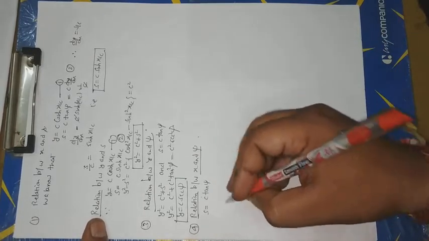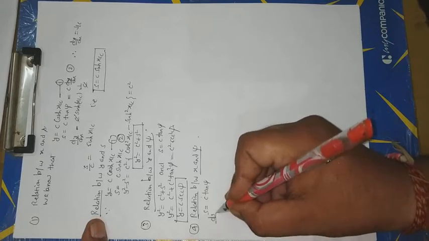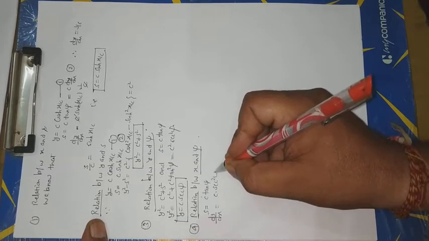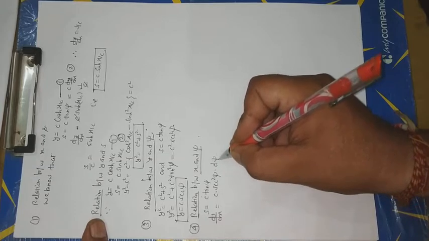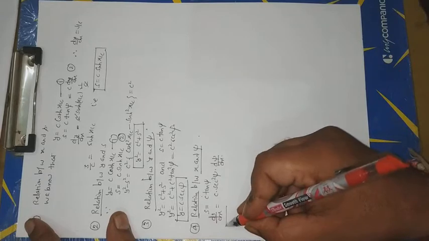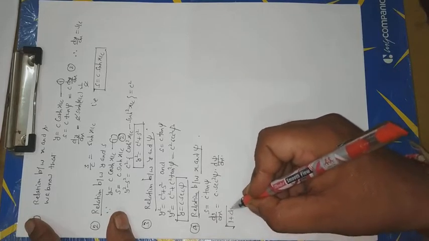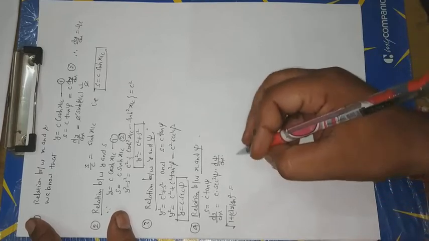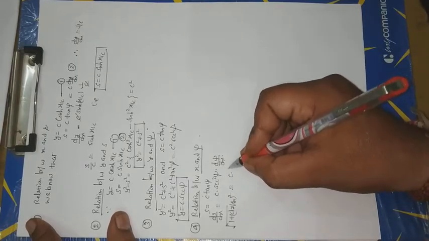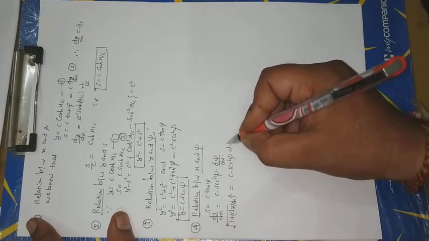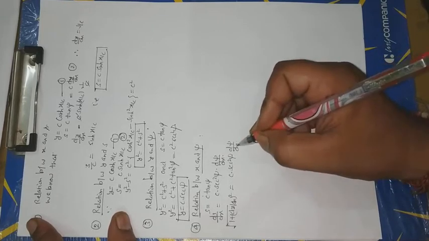Now differentiate with respect to x: ds upon dx is equal to c sec square psi into d psi upon dx. Now we can write square root of 1 plus (dy upon dx) whole square, equal to c sec square psi into d psi upon dx.